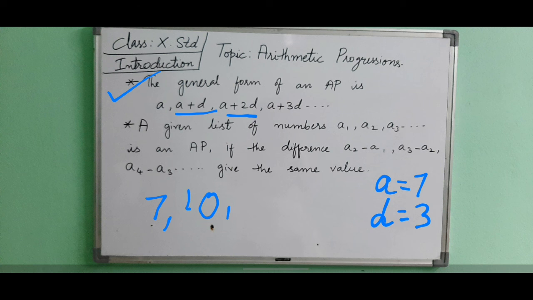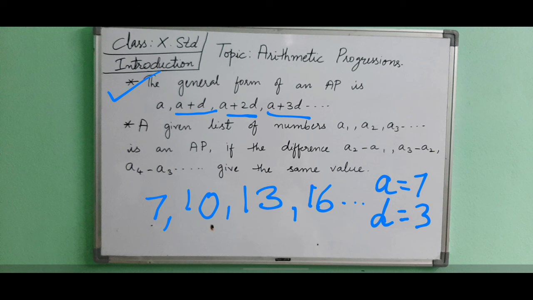Then 6 plus 7 is 13. Again, if you add the difference 3 to the 10, it is 13. So, A plus 3D means the third term should be added by the difference, which is 16. Like this we can write the numbers in AP.